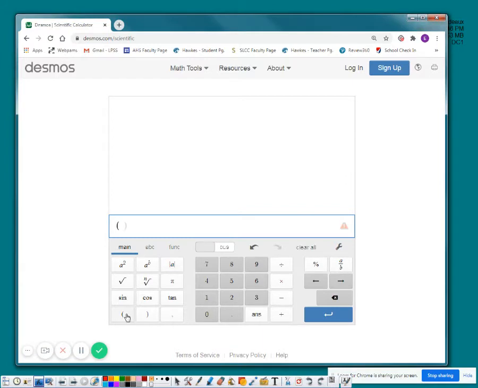All right, parentheses, negative 10 raised to the 5th power. And my answer is negative 100,000. That's number 1. Number 2, negative 18 squared is negative 324.